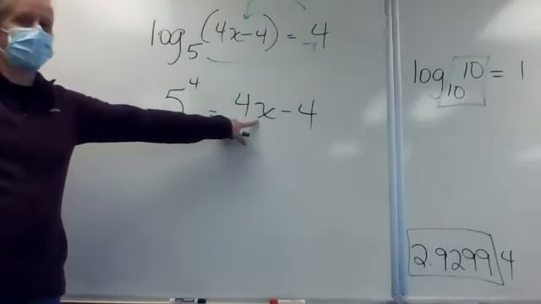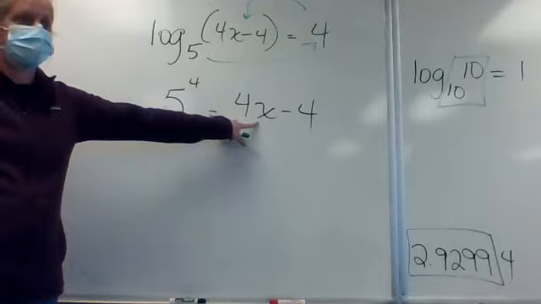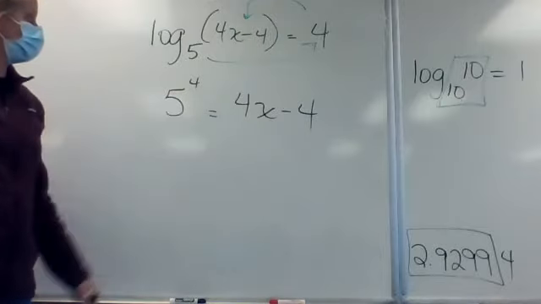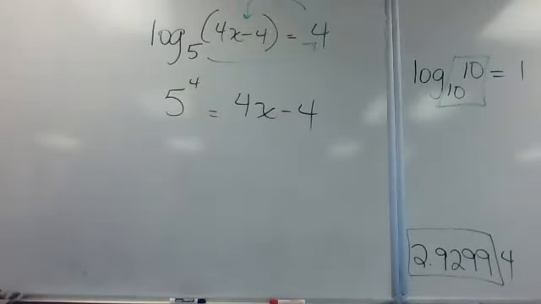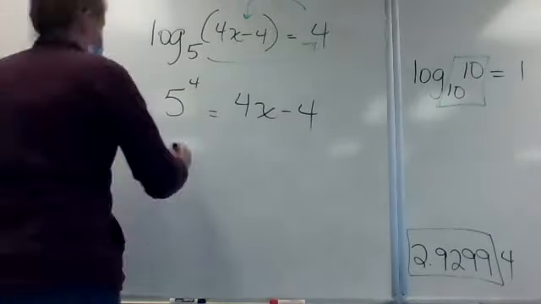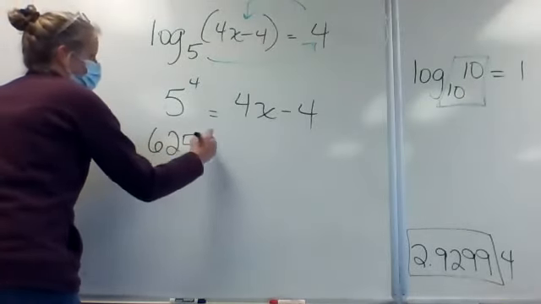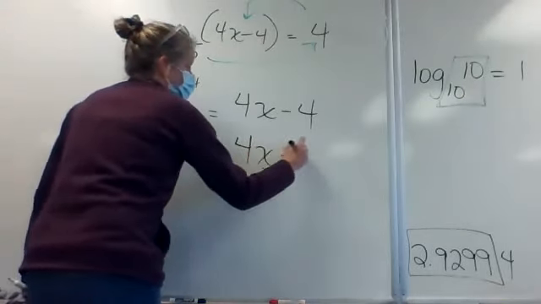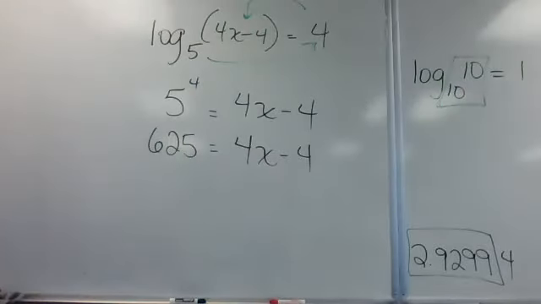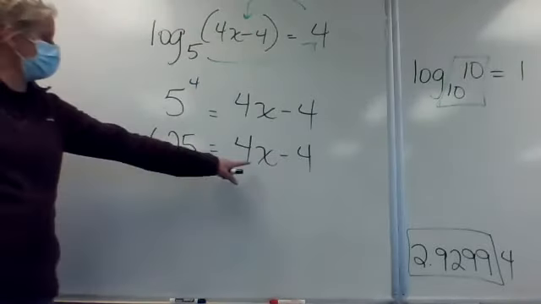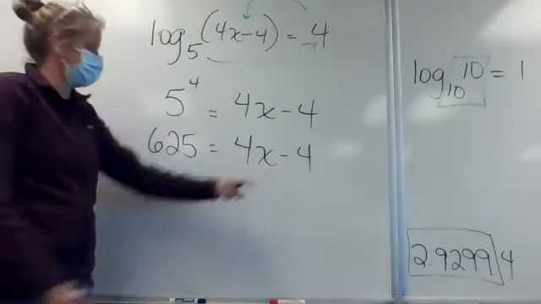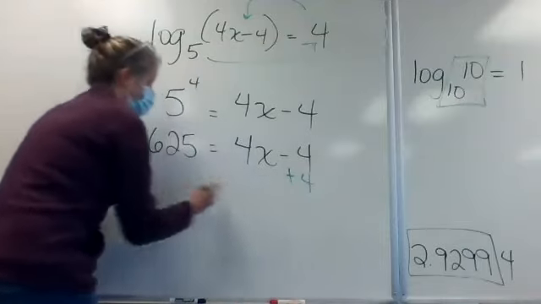So I'm isolating this x. I need to figure out what 5 to the 4th is. If you punch that in your calculator, 5 times 5 times 5 times 5, or 5 to the 4th power, it gives you 625 equals 4x minus 4. And then just use your equation solving skills to get that x by itself.